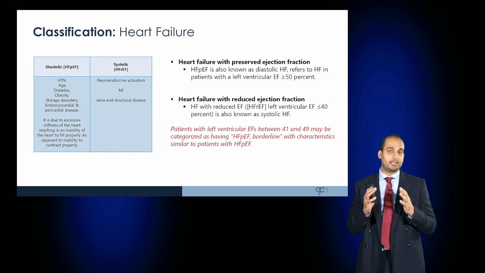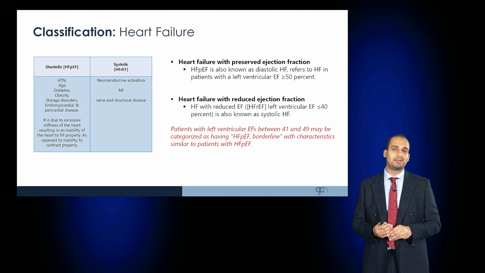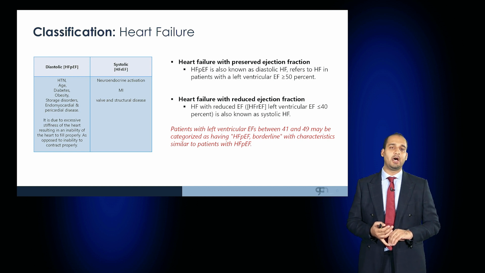Importantly, it's key to determine whether there is a presence of diastolic heart failure or systolic heart failure or both. Diastolic heart failure is sometimes described as HFpEF, or heart failure with a preserved ejection fraction.